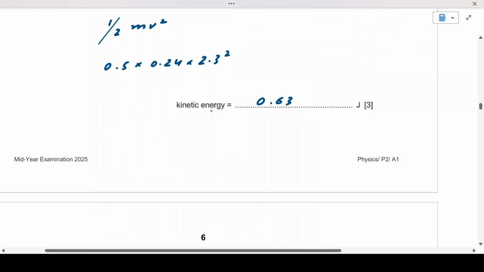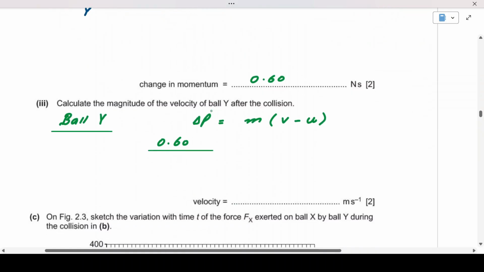The ball y, 0.12 divided by 0.12, that's the value of mass, and on the right side, you are left with v minus u. So this is what you have on the right side.